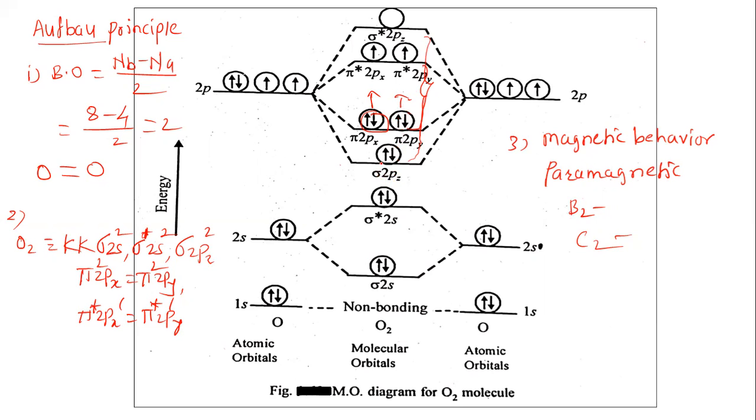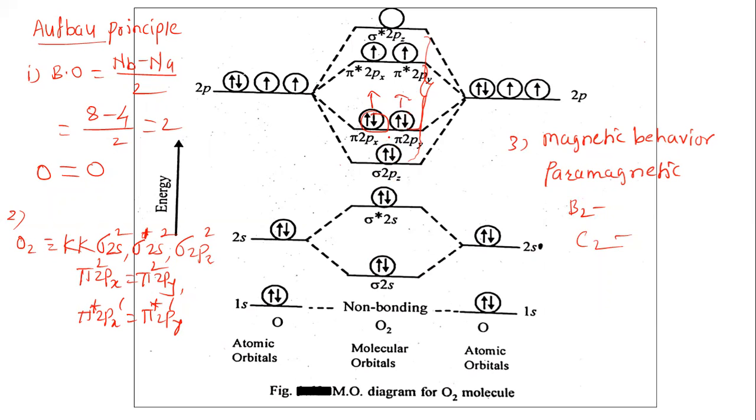But experimental evidence shows that the C2 molecule is not paramagnetic, it is diamagnetic. So how does this happen? The boron molecule is paramagnetic and the carbon molecule is diamagnetic.